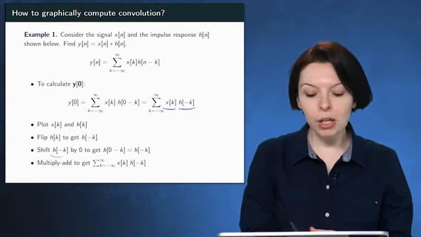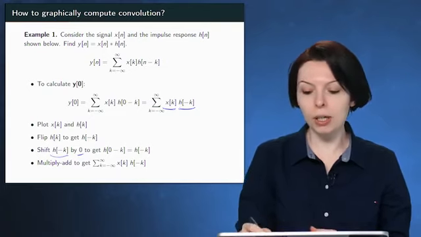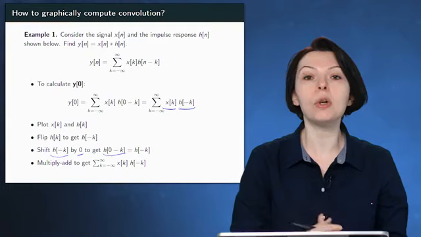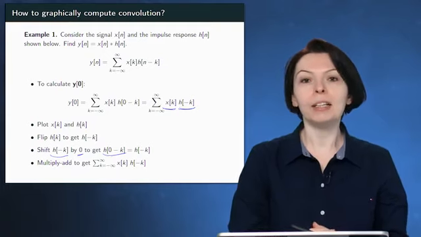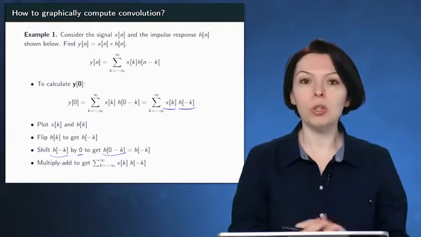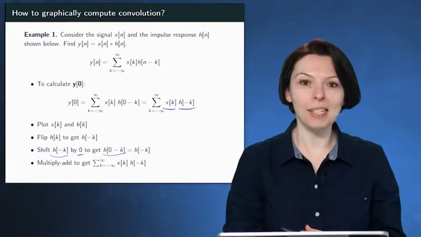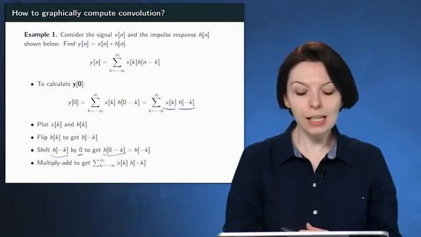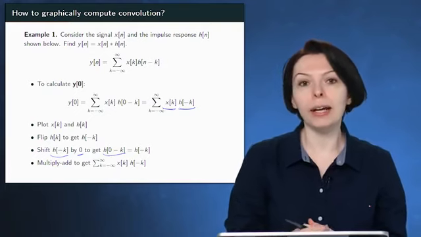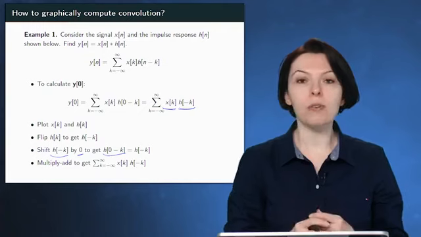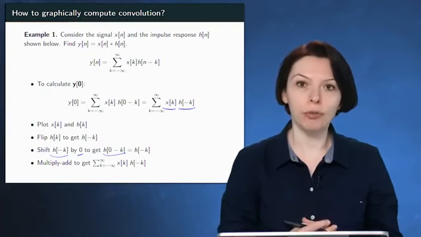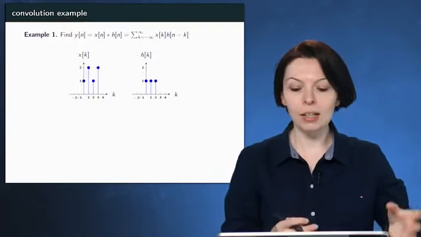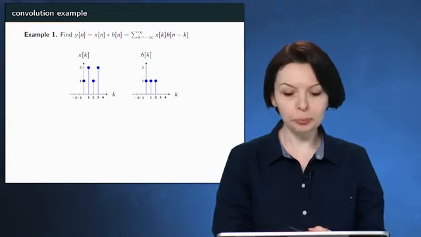Then I need to shift h of negative k by 0 point because I'm looking for h of 0 minus k. So for n equal to 0, I basically don't need to shift my signal. So as the last step, I will multiply and add to get the summation of x of k multiplied by h of negative k. Let's do it together.